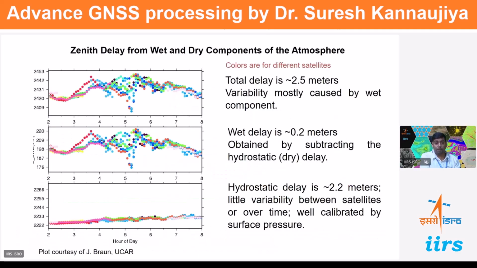Okay, so some temperature and pressure effects we are able to model, because they have some linearity in their variation, but this water vapor is non-linear because it's a very complex phenomenon, and sometimes it is a very regional phenomenon also.